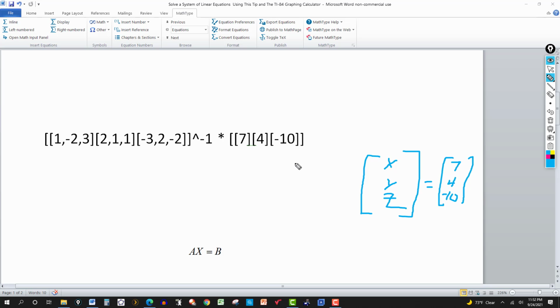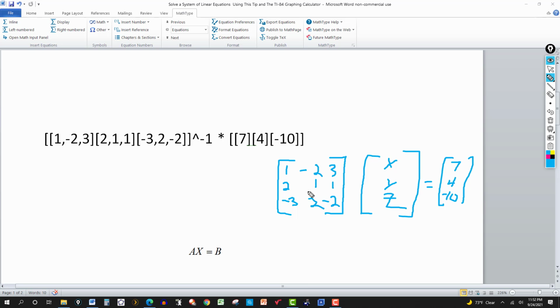Now, A is the coefficient matrix, or the matrix of the coefficients. So I can put, say, the 1 here, the negative 2 here, and the 3 here. And then the second row would be, again, the 2, 1, and 1. And the third row would be negative 3, 2, and negative 2.